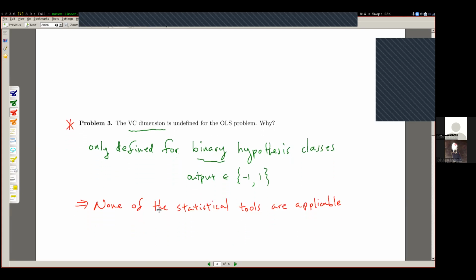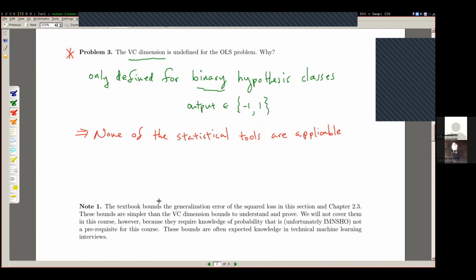There are many similar generalization bounds that people have developed for these types of problems. And actually the textbook talks about some of them. If you are in the data science major and you're going on to take the statistics class, you talk about some of them there. But based on the prerequisites for this course, probability is not a prerequisite.